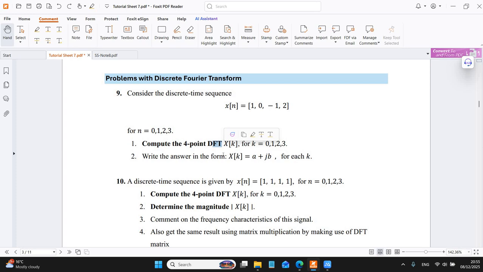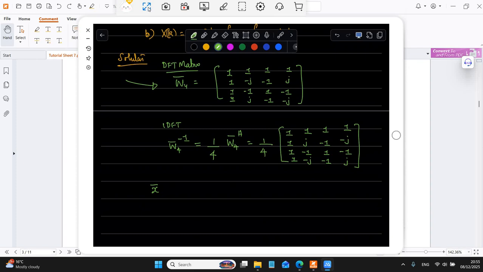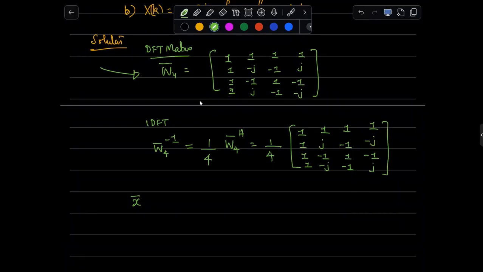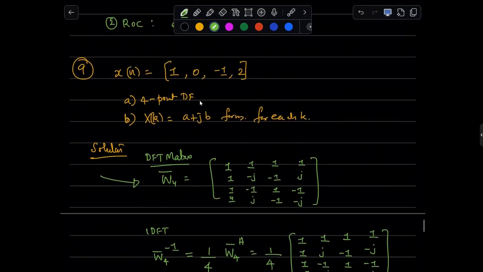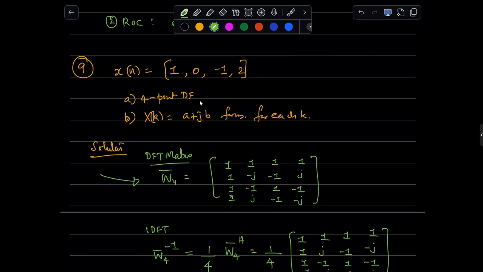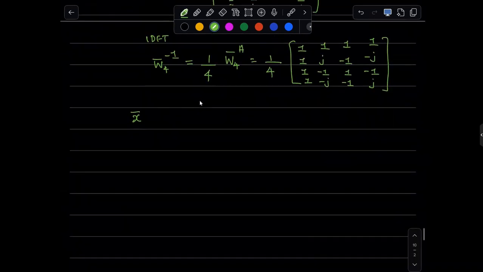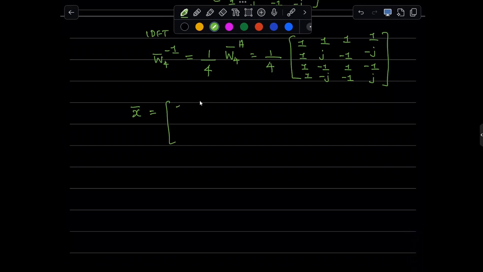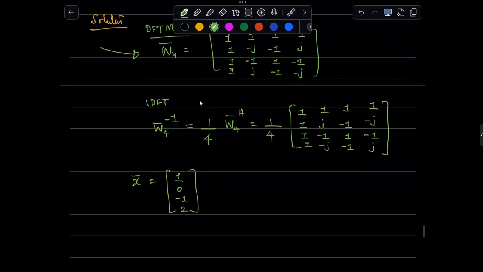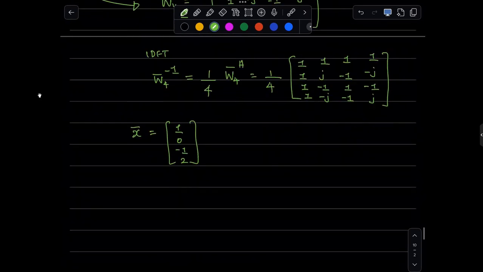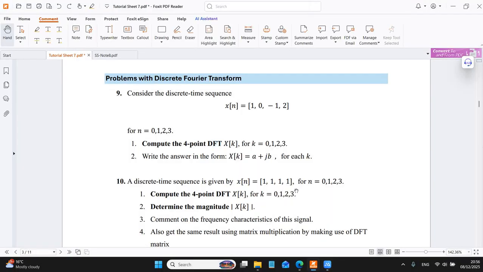So first I will write my signal x as a matrix: 1 0 minus 1 2. Let me check it again. Yes, the signal is 1 0 minus 1 2.